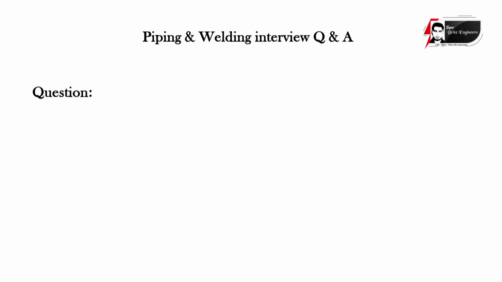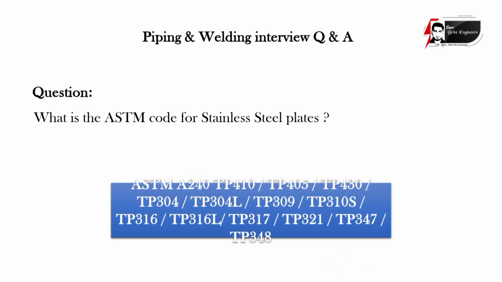What is the ASTM code for stainless steel plate? ASTM A240, TP410, TP405, TP430, TP304, TP304L, TP309, TP310S, TP316, TP316L, TP317, TP321, TP347, TP348.